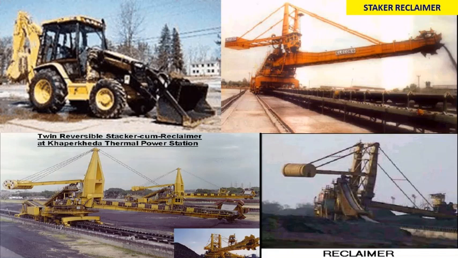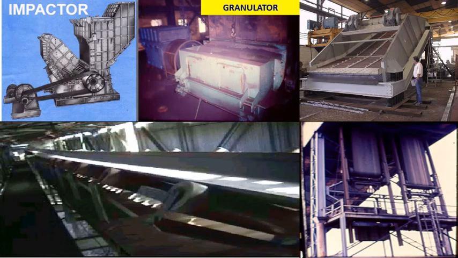There are track hoppers, and from the track hoppers this coal is transported through a conveyor system for the crushing arrangement, the primary crusher house, where it is crushed.